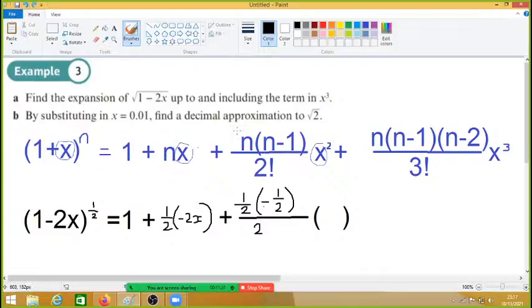And then the x squared, remember x will get replaced with minus 2x. So that gets put where the x's are. Let me just circle that in a different color so you can remember.